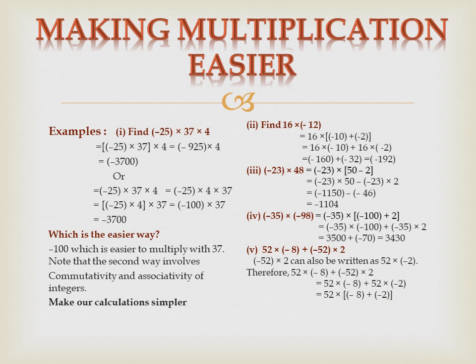Here, 52 is distributed among negative 8 and negative 2. Therefore, we can take 52 as the common factor and it can be written as 52 into negative 8 plus negative 2 is equal to 52 into negative 10. And finally, you can write the answer as negative 520.